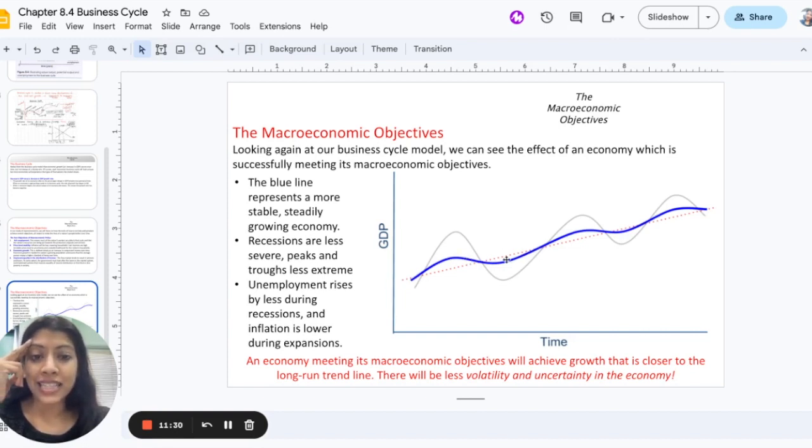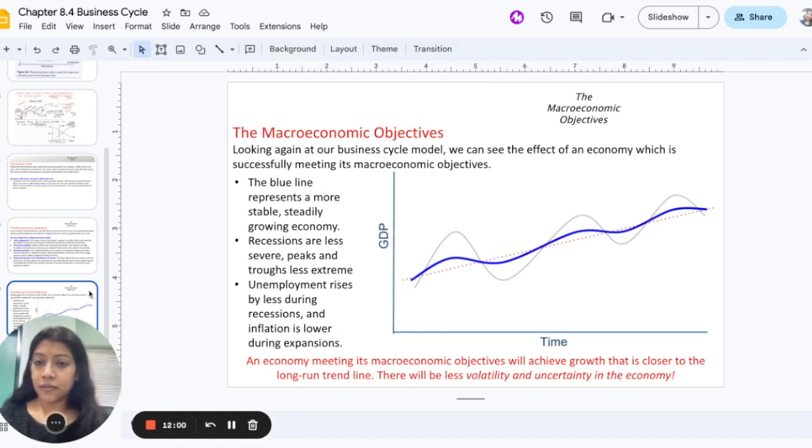So the blue line is a stable, steadily growing economy. Recessions are less severe, peaks and troughs are less extreme. Unemployment rises by less during recessions, and inflation is lower during expansions. So the blue line is a relatively stable economy, which is less volatile, less uncertain, and that's what every government aims towards. They don't like this kind of a wave pattern, right?